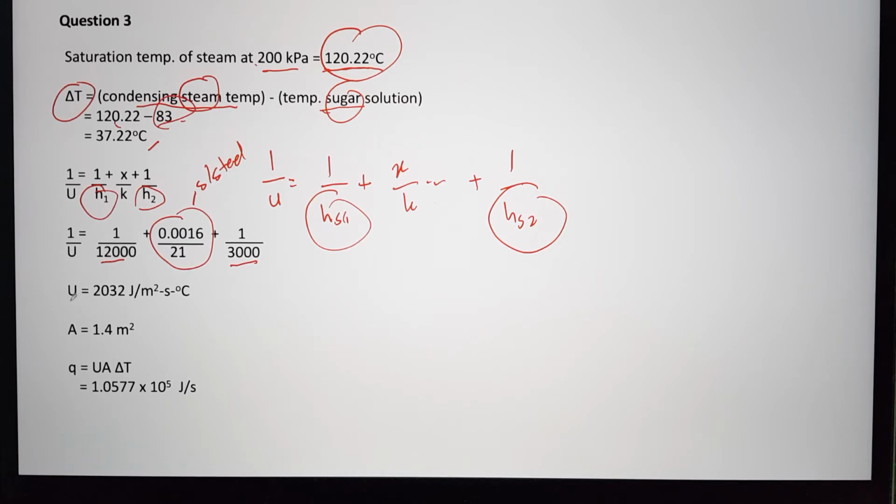So calculate the value of U. The value of U is 2032 joule per meter square second degree Celsius. The area given is 1.4 meter square. Then use the equation Q equals UA delta T, and you should be able to get your value as 1.577 times 10 to the power 5 joule per second.